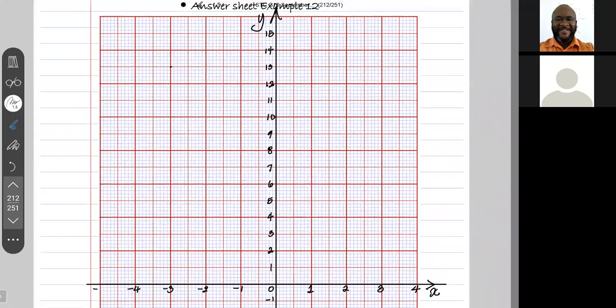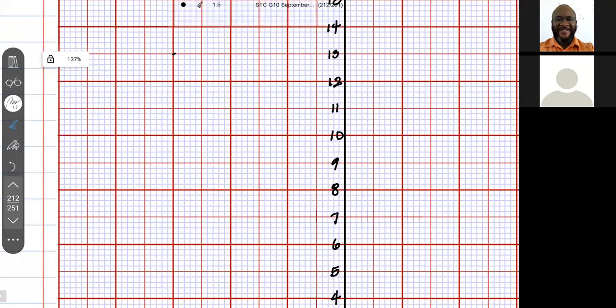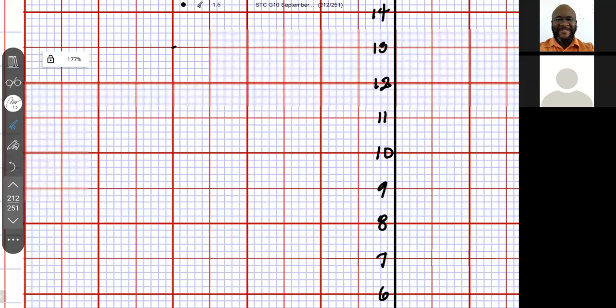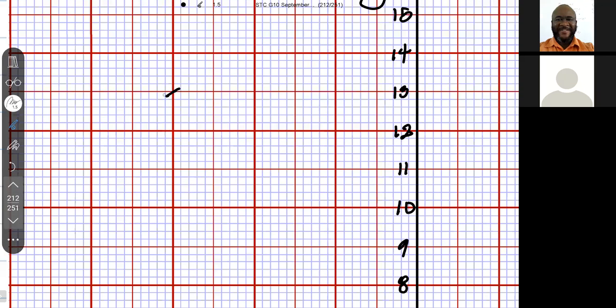So let's blow up the space a little. So this is 13, 13.2, 13.4, 13.6. So 13.5 would be here in the middle between 13.4 and 13.6. So that's where my point would be. So the first point is here, 3, 13.5.